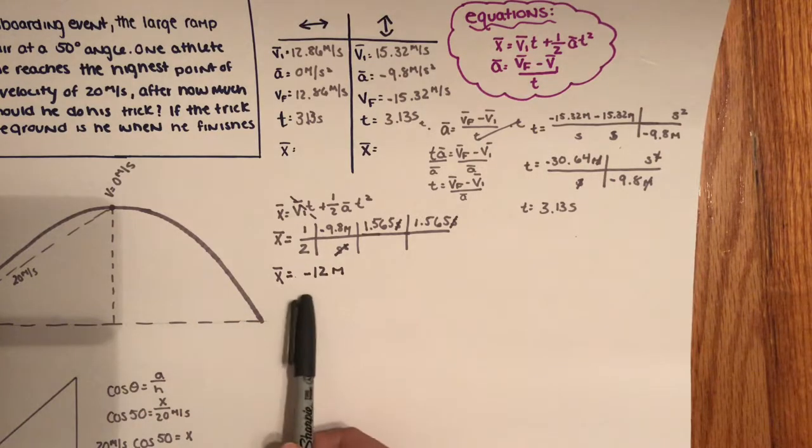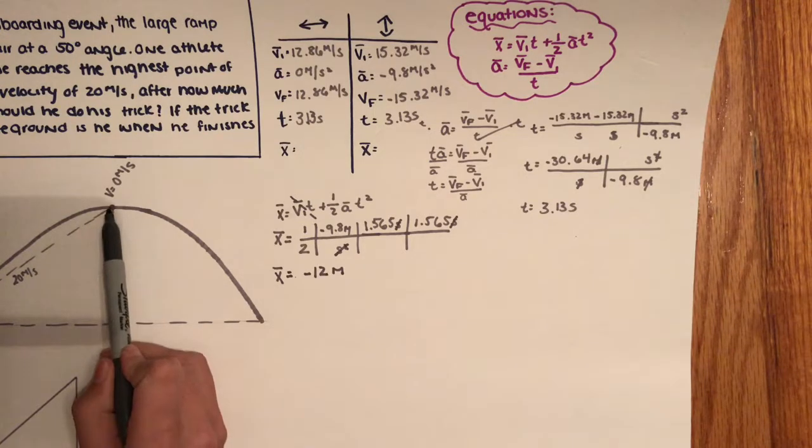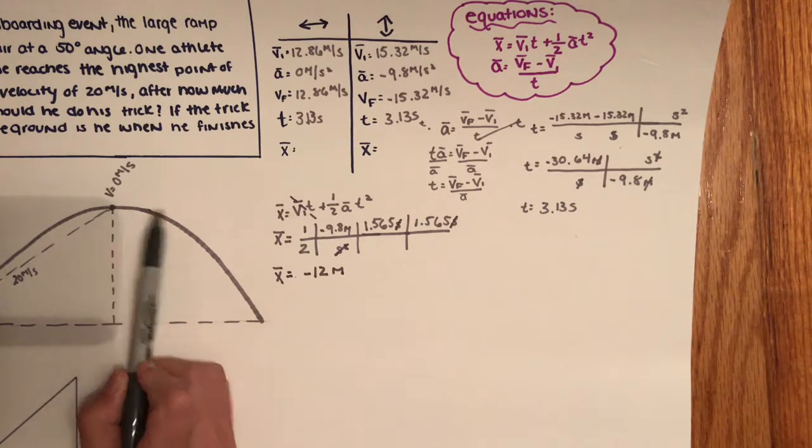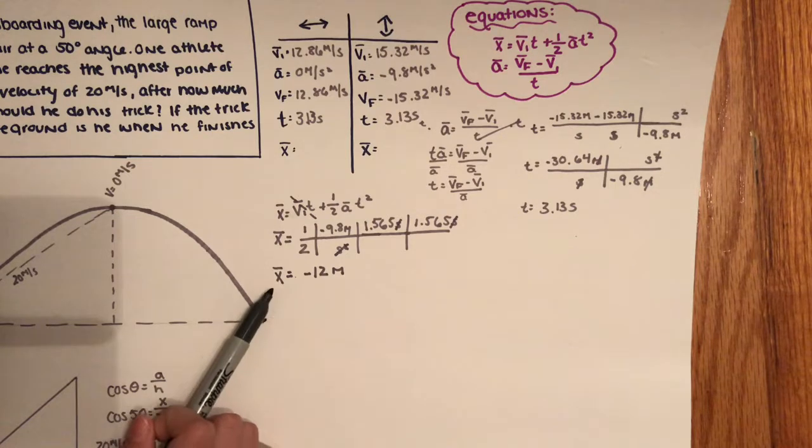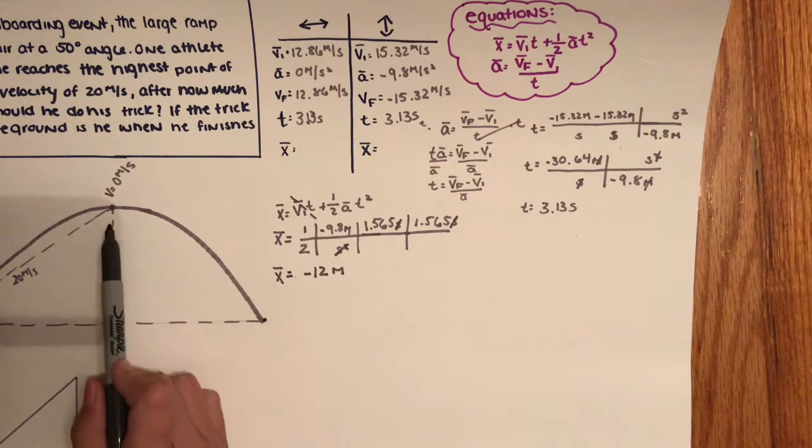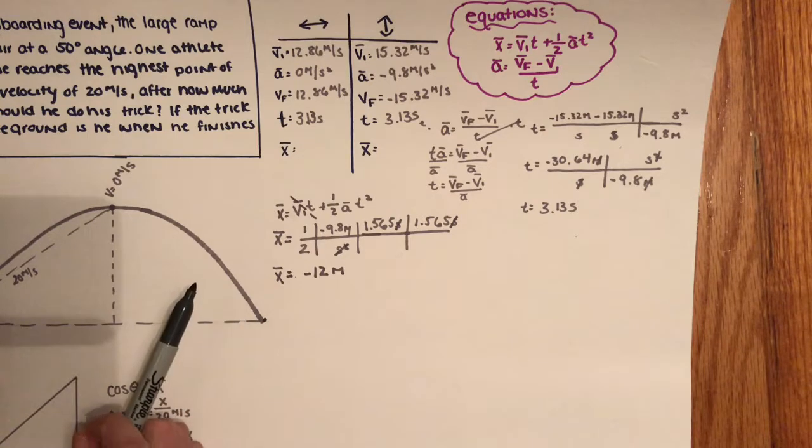Now, the reason that it is negative 12 meters is because, like I said, we're solving from the top of the jump to the bottom. And with displacement, again, being a vector, this means that it has direction. So the direction of this vector, since it's from the top to the bottom, is going to be negative because it's going down.